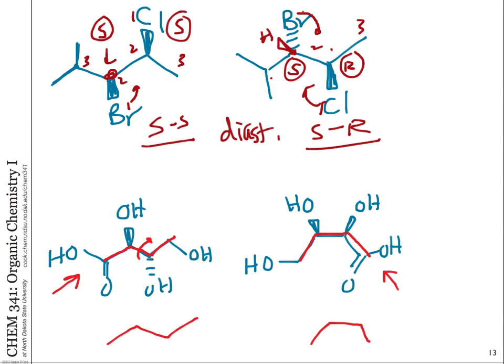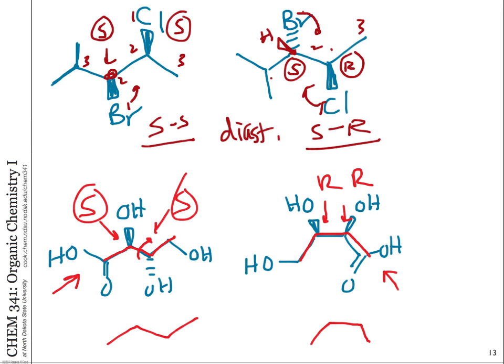So let me just tell you, this has the S configuration, and this one also has the S configuration. So that's the SS molecule. This one has the R configuration, and this one also has the R configuration. So the relationship between these is enantiomers.